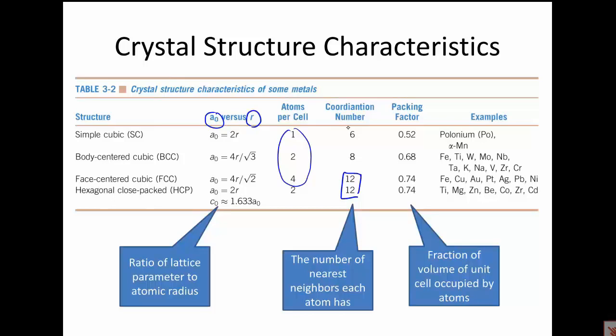And in the previous videos we also saw that the coordination numbers of the body-centered cubic and simple cubic systems are 8 and 6 respectively. The packing factor is the volume of the unit cell occupied by atoms, and we will calculate this.